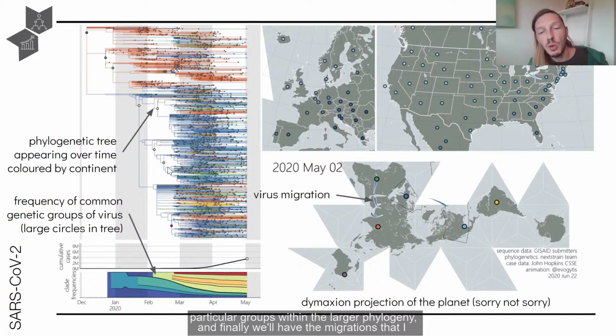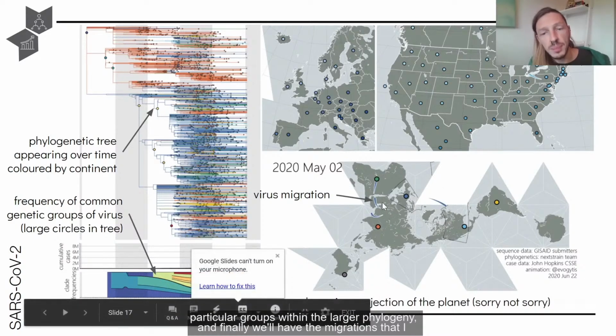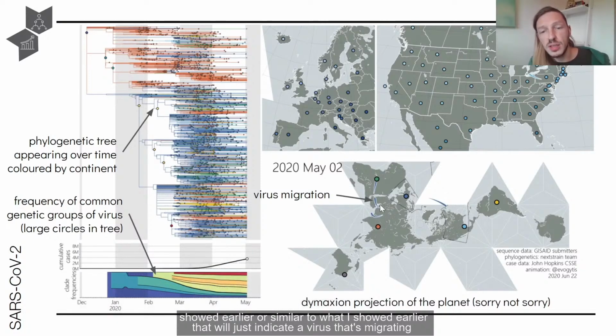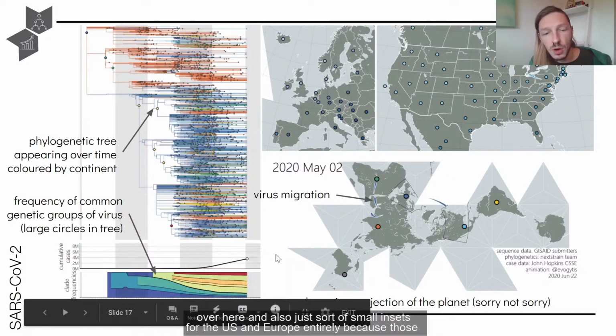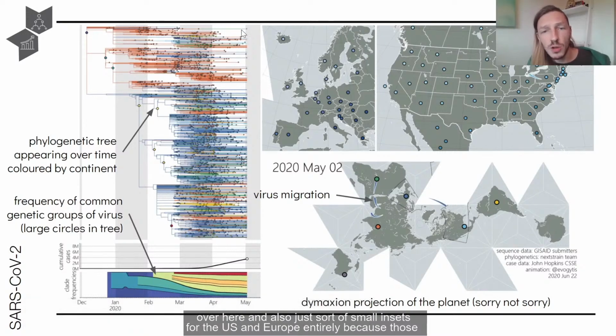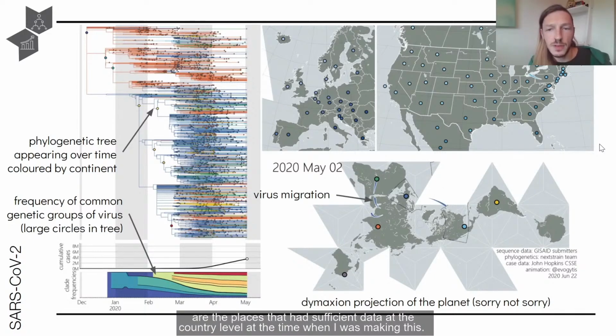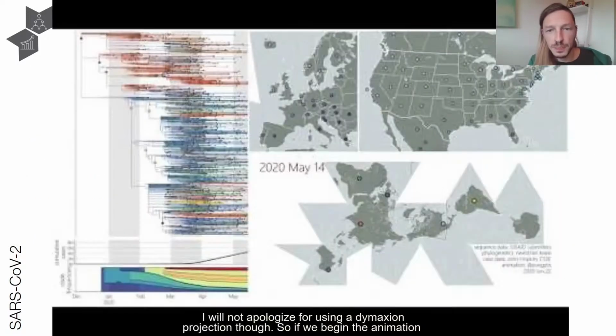And finally, we'll have the migrations that I showed earlier, or similar to what I showed earlier, that will just indicate a virus that's migrating with an infected person between different continents. And we have this Dymaxion projection over here, and also just sort of small insets for the US and Europe, entirely because those are the places that had sufficient data at the country level at the time when I was making this. I will not apologize for using a Dymaxion projection though.